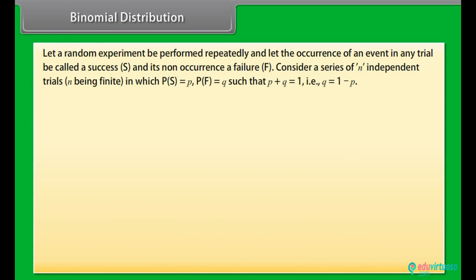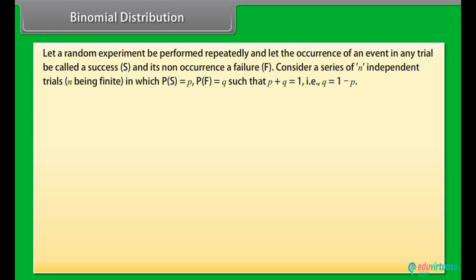Binomial distribution. Let a random experiment be performed repeatedly and let the occurrence of an event in any trial be called a success S and its non-occurrence a failure F. Consider a series of n independent trials, n being finite, in which probability of success is P and probability of failure is Q, such that P plus Q is equal to 1.